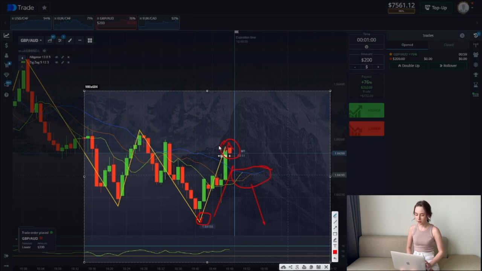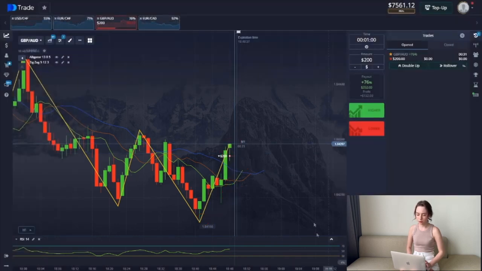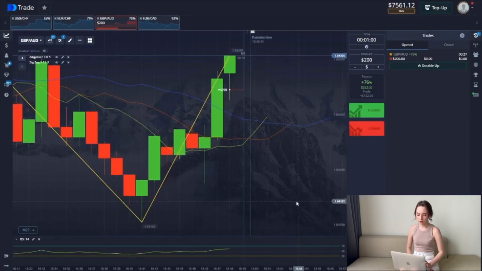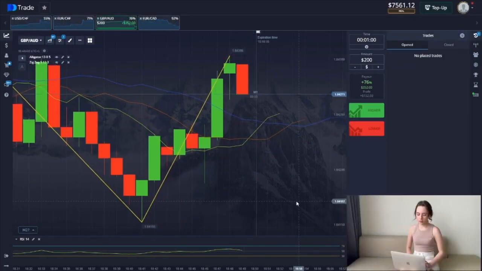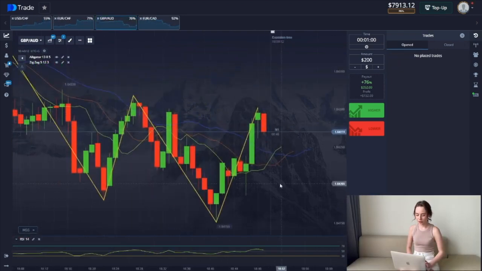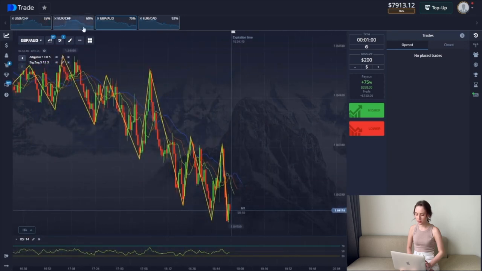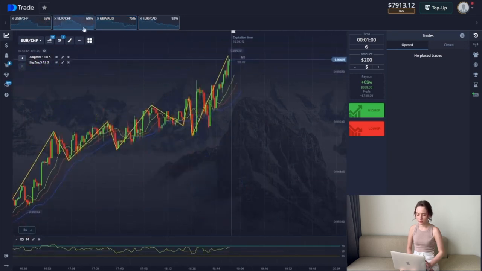I also expect a change in the direction of the alligator. And well, don't forget about the zigzag. And another positive deal. While we're going very well, all the currency pairs are suitable for me. Let's see what happens next.